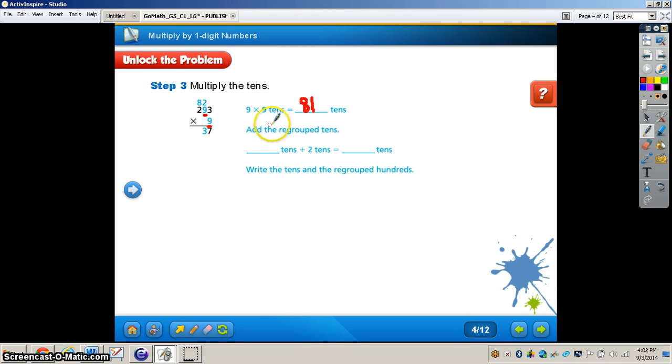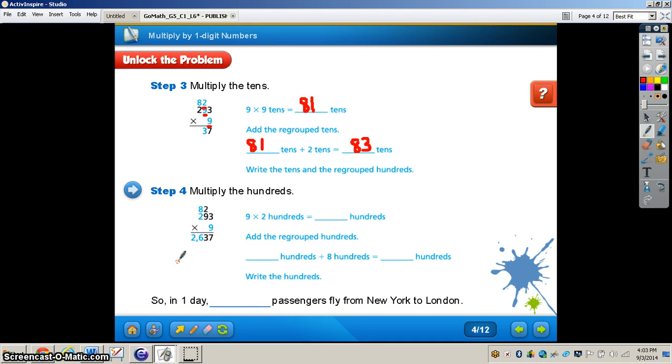Now what we do after that, we add the regrouped tens. We had 2 that we carried over. Okay, so we had 81 tens plus the 2 tens that were carried over is giving me 83 tens. Now we write 83, but it's actually 83 tens, or 830. So we put our 3 here, carry our 8.